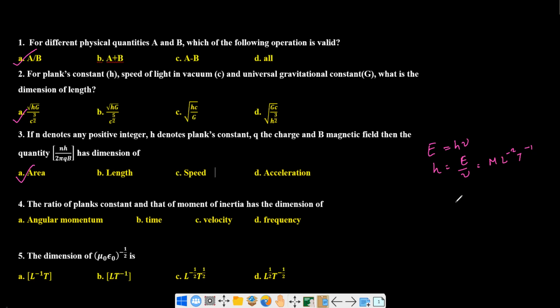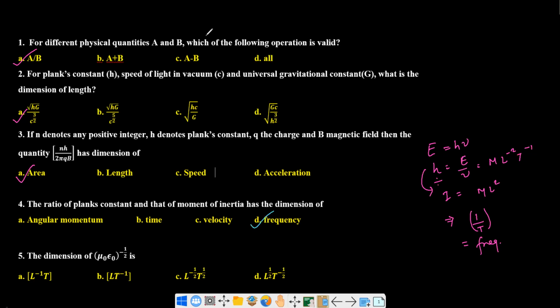And again, we are familiar with the moment of inertia being M L squared. So if we take the quotient of these two, then we simply get the dimension of 1 by T, and this 1 by T, per time, is related to frequency. The answer for this particular question is going to be frequency.